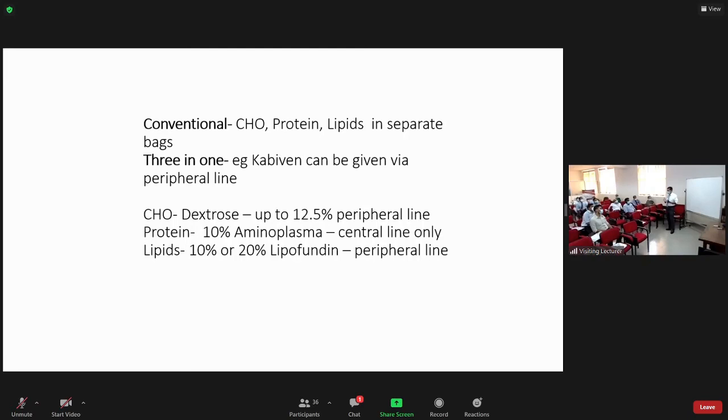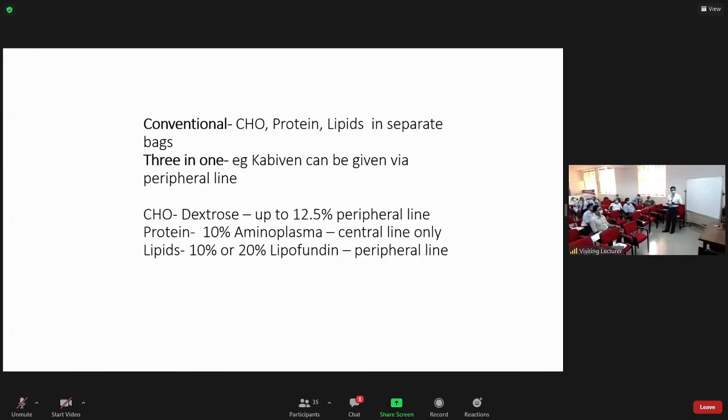They mix everything and send it within a few minutes to the ward, so you finish it within the recommended period. The advantage of that is having trace elements and vitamins. That's right. Not only that, the protein and calorie requirement is tailor-made.